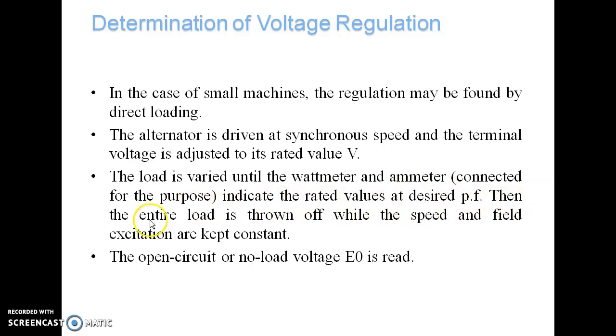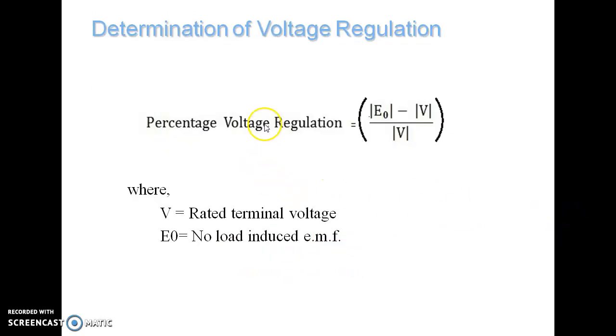Then the entire load is thrown off while the speed and field excitation are kept constant. The open circuit or no load voltage E0 is read. So, the percentage voltage regulation formula is (E0 minus V) by V, where V is the rated terminal voltage, which was VPH in the case of our synchronous impedance method. E0 is the no load induced EMF.